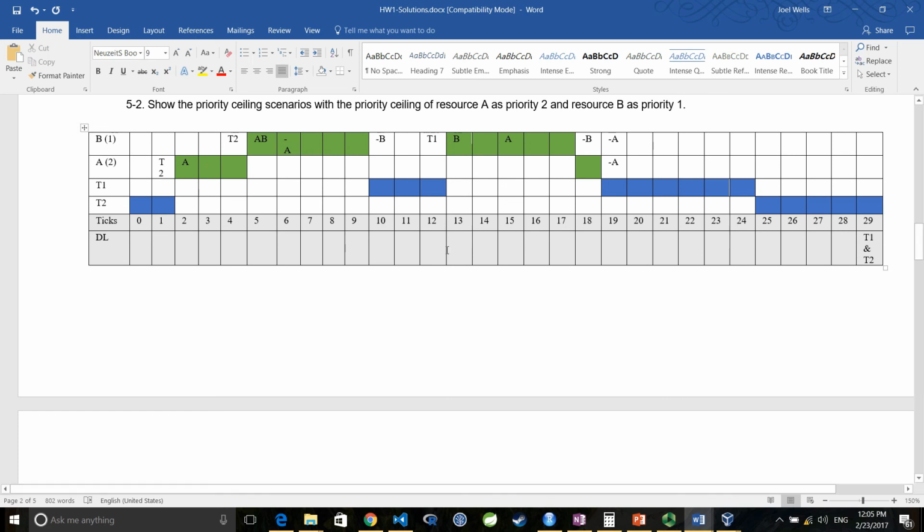So T1 never even starts to execute until here, because as soon as T2 asks for A, its priority gets elevated above where T1 is. T1 can't preempt it. So T2 is able to complete processing with A and then release A. In mutex terms, we lock, we unlock.